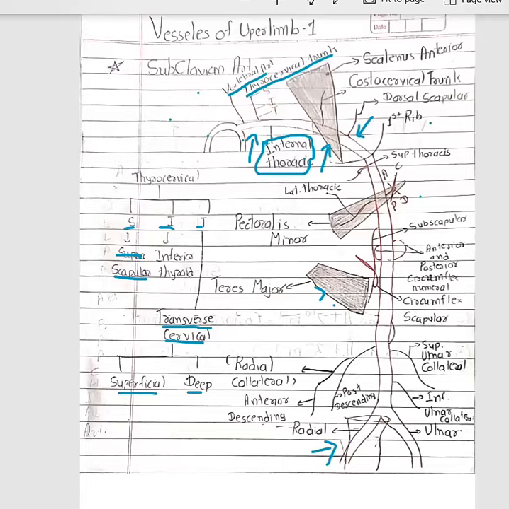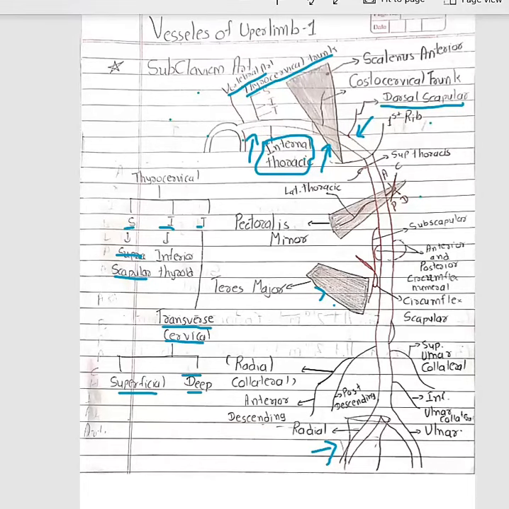The costocervical trunk is further divided into two branches: deep cervical branch and supreme intercostal branch. The supreme intercostal branch is further divided into the first and second intercostal arteries. The third part gives one branch, the dorsal scapular artery.